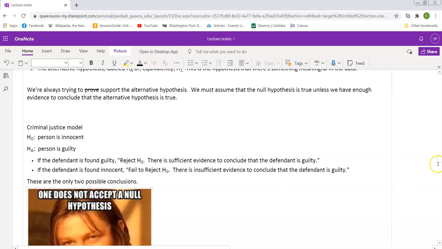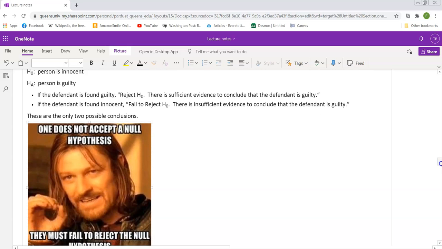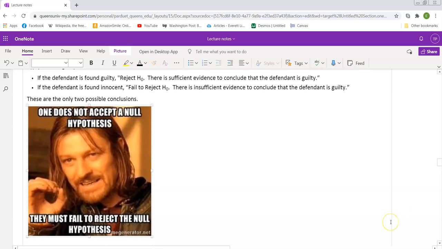I put a meme here. This is the first of a few. They're silly, but I'm hoping that the memes help you remember some of this. You never accept a null hypothesis.